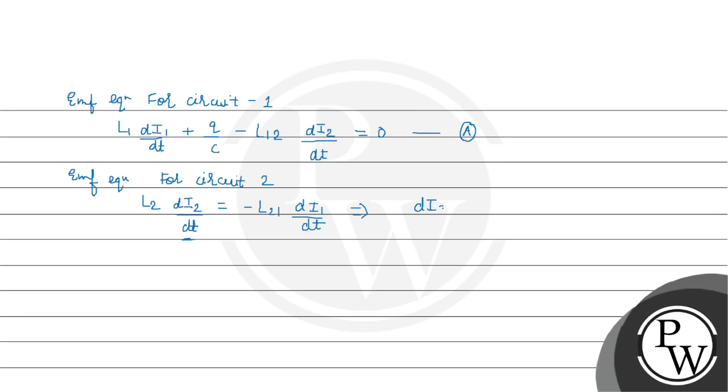हैं, तो di2 बाई dt की वैल्यू होगी यहाँ से माइनस ऑफ L21 बाई L2 di1 बाई dt, ये वैल्यू होगी। सो यहाँ से अब हम, और वन थिंग यू मस्ट नो दैट इज L12 इज इक्वल्स टू माइनस ऑफ L21। तो यहाँ पे L12 है तो उसे सेम बनाने के लिए हम यहाँ पे भी ये सब्स्टिट्यूट कर देते हैं। सो di2 बाई dt is equals to minus of L12, and there is another minus sign, so they both cancel each other, so ये L2 di1 by dt.